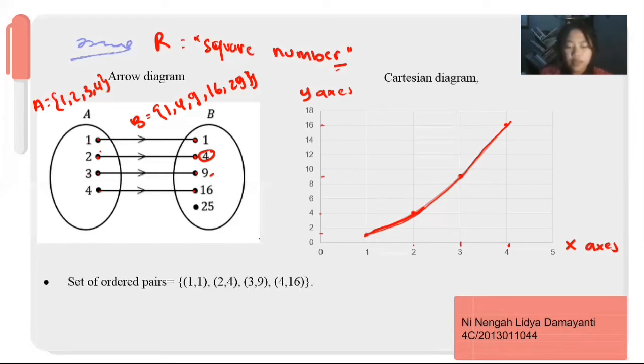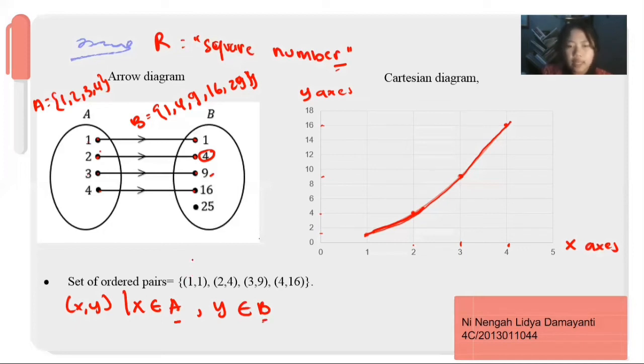And the last one, the relation between two sets can be expressed with a set of ordered pairs (x, y), in which x is an element of set A, and y is an element of set B. So we pair set A and set B, and we write like this.